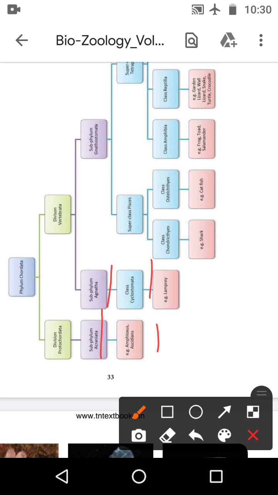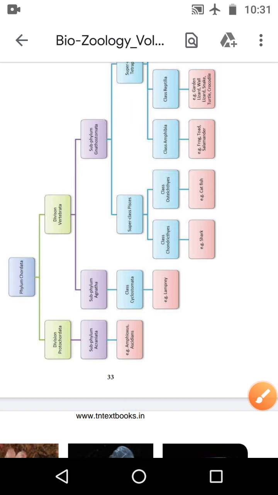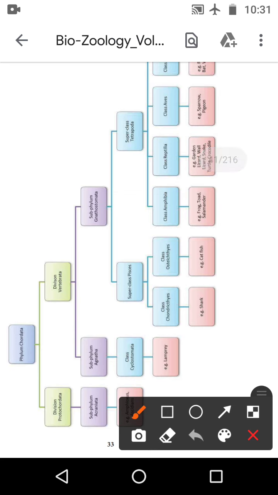Then the division of Vertebrata, the phylum Gnathostomata. Gnathostomata has two divisions, the superclass Pisces and the superclass Tetrapoda. Superclass Pisces means the study of fish. The two divisions are Chondrichthyes and Osteichthyes, such as shark and catfish.